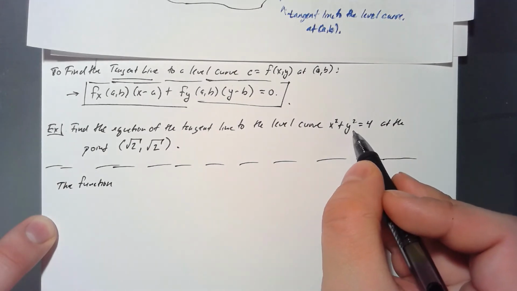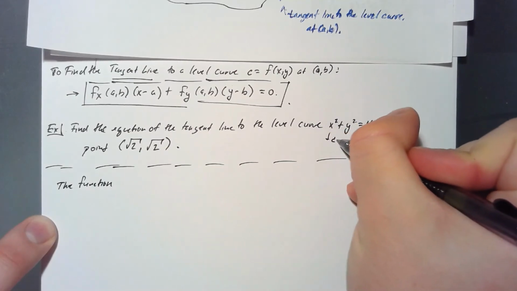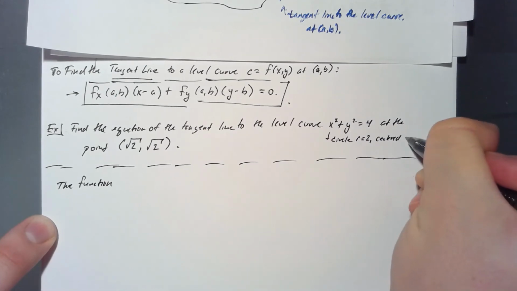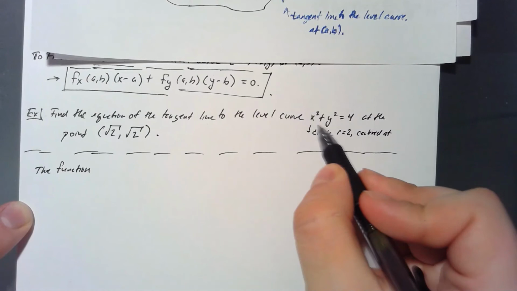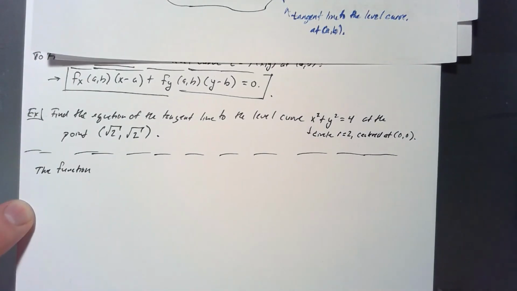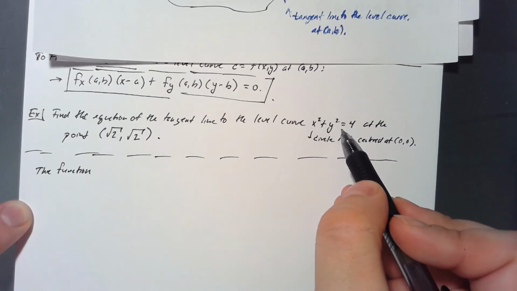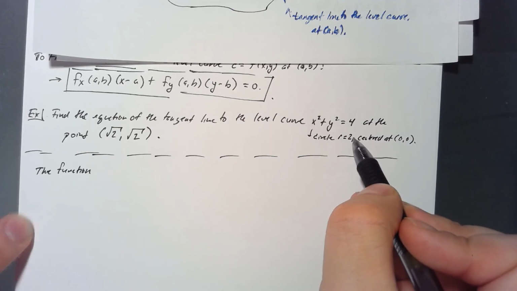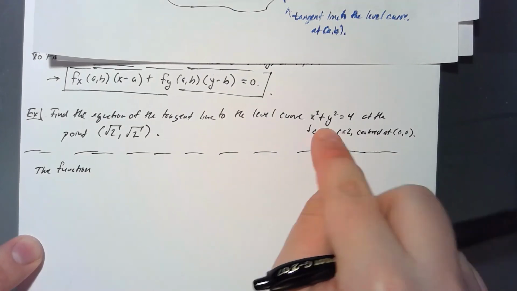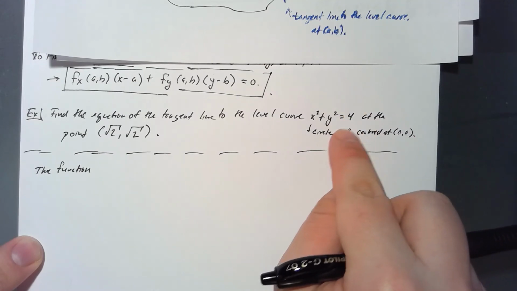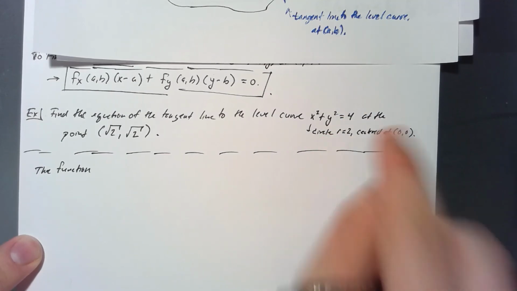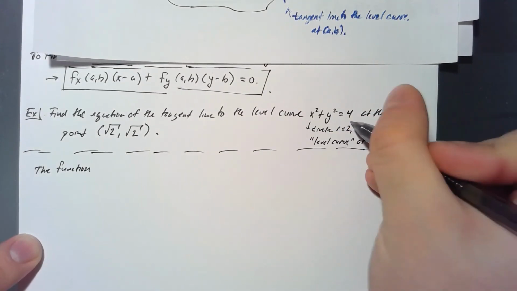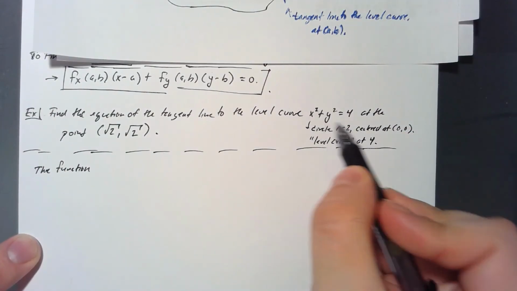This is a circle with radius 2, centered at 0, 0. This right here is actually a level curve with a radius of 2. But let's just assume that this is not a level curve. Let's say the function is equal to this in its most generic form, like I can put any number here. Basically this is just a level curve at 4. But I want the most general form of this curve.